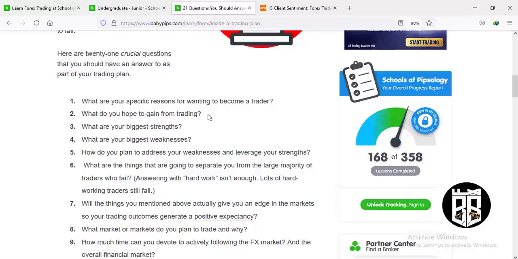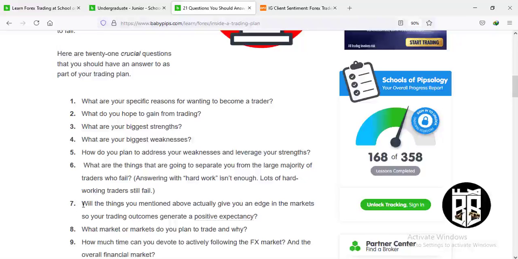Right now, don't say hard work, because there are a lot of traders who work so hard but they still lose trades. The next question is, would the things you mentioned above actually give you an edge in the market, so that your trading outcomes generate positive expectancy?